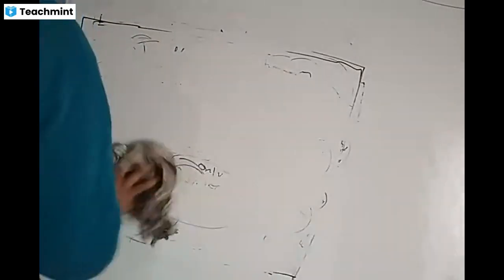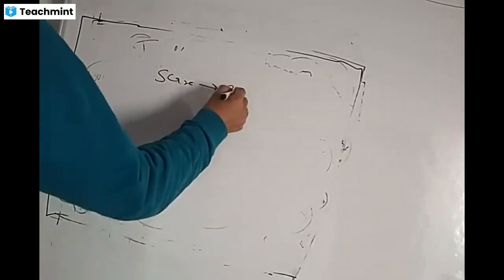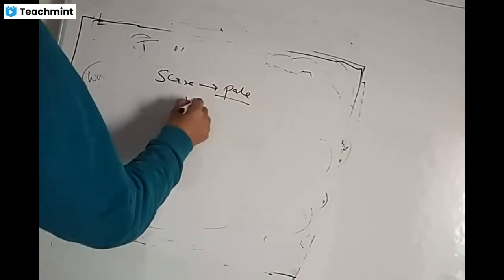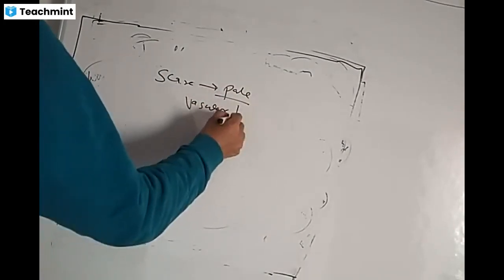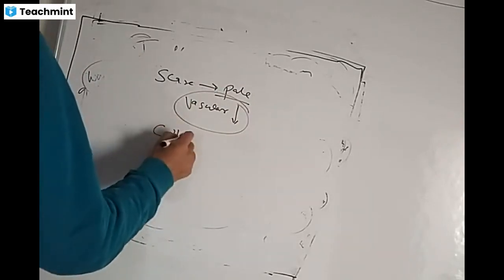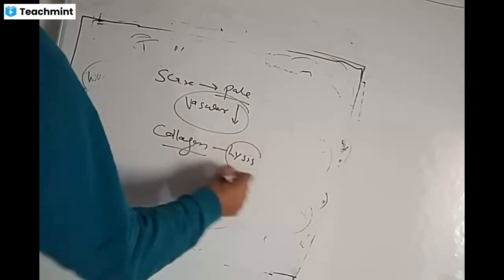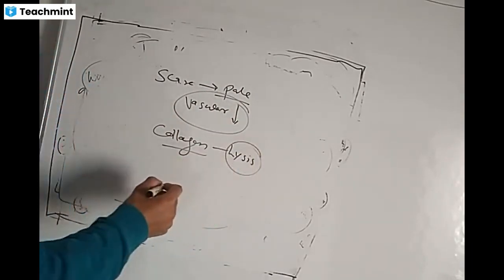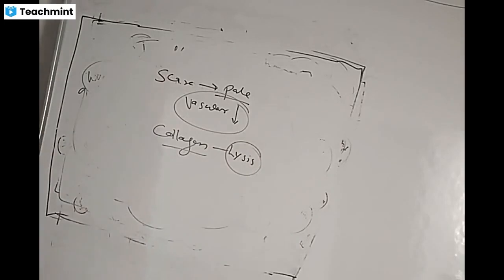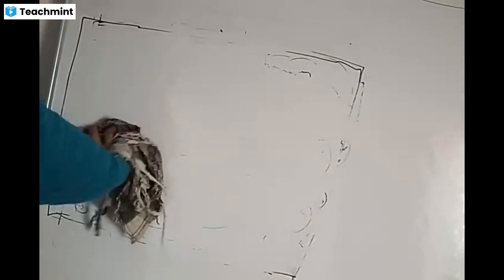And in this maturation phase, the scar that was formed becomes pale because the vascular supply of the scar decreases. Then collagen of the scar becomes lysed. So lysis of collagen occurs, and slowly this scar will be becoming pale and dissolution of the collagen.